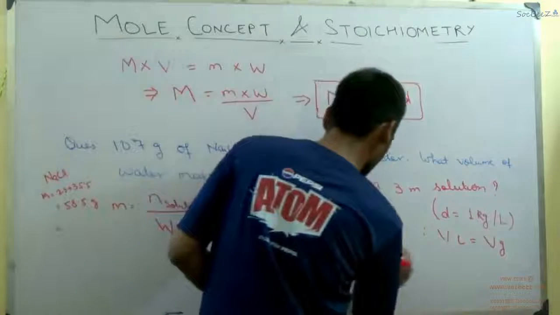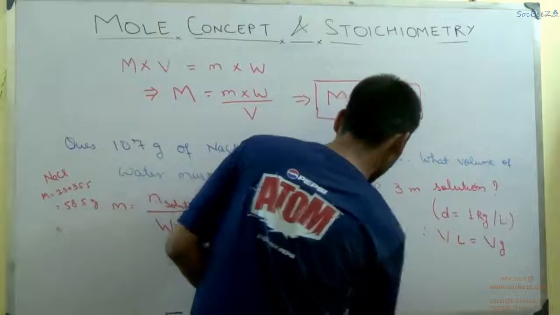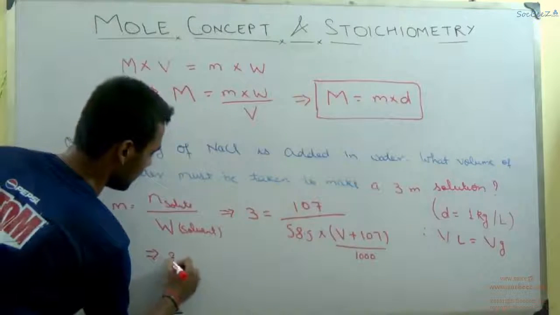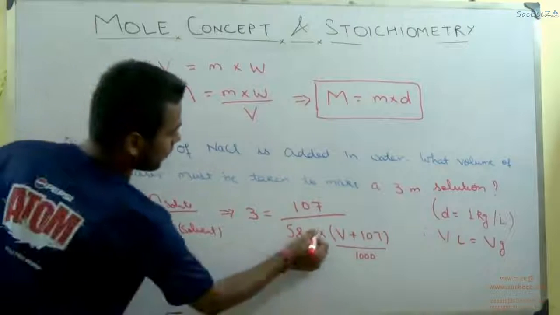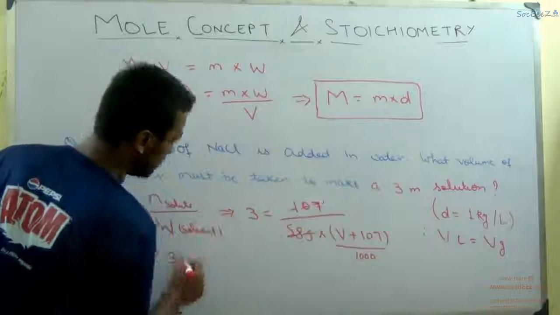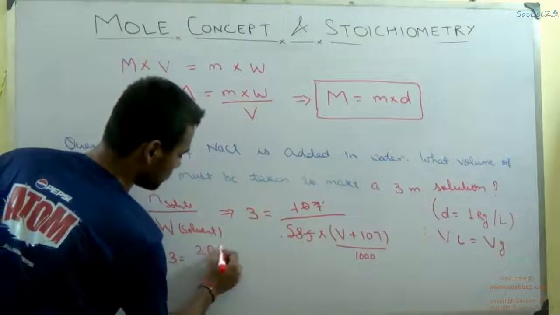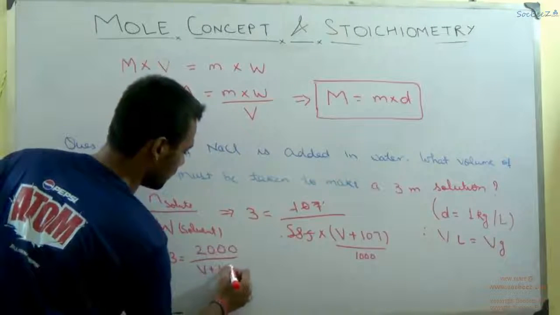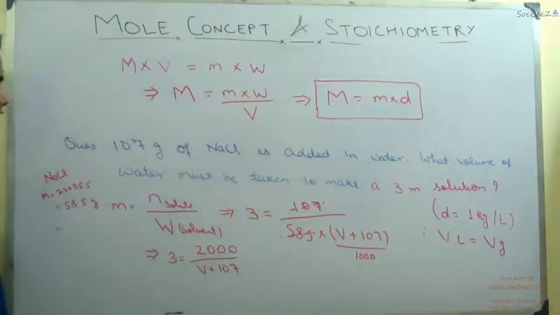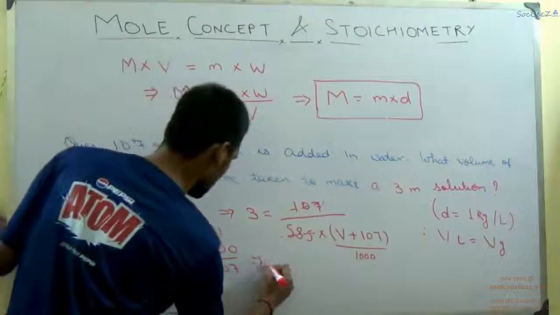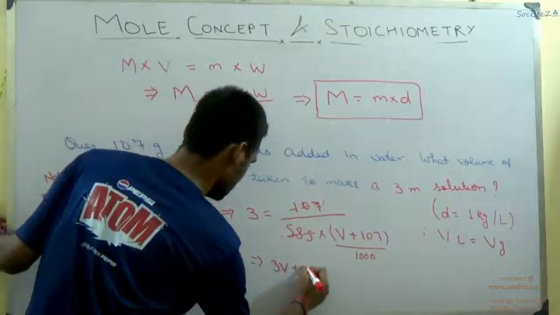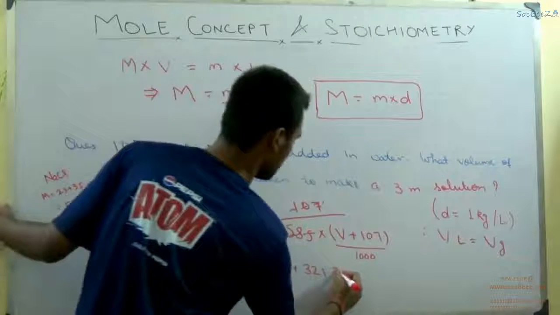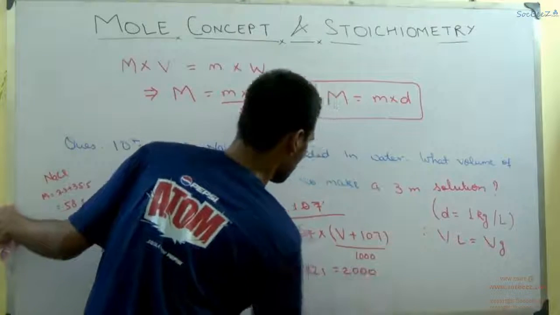So we'll have to divide it by 1000. So from here we get 3 equals, this will get cancelled, 3 equals 2000 divided by V plus 107. So if we simplify it further, we will get 3V plus 321 equals 2000.